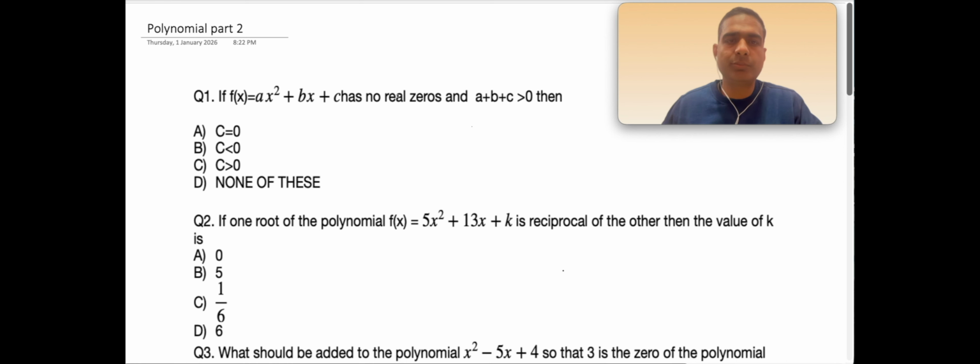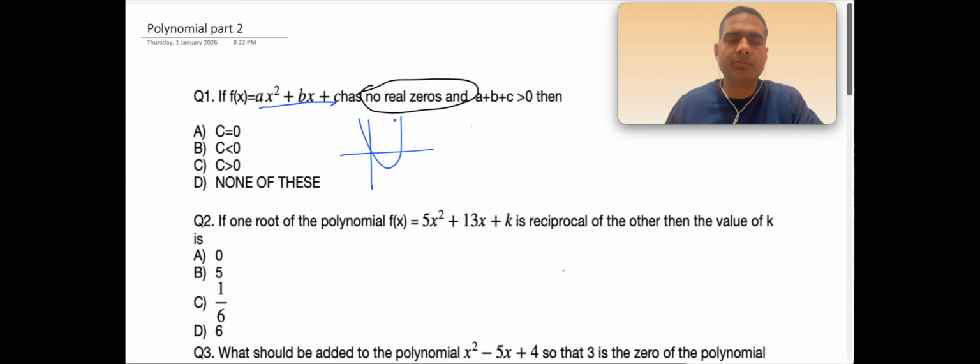Okay, so the most important thing in this question is has no real zeros. So this polynomial has no real zeros and it's a quadratic polynomial. We know the graph of a quadratic polynomial is basically a parabola.